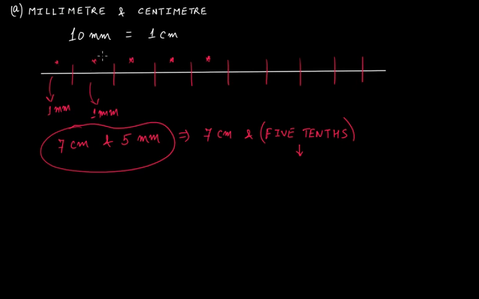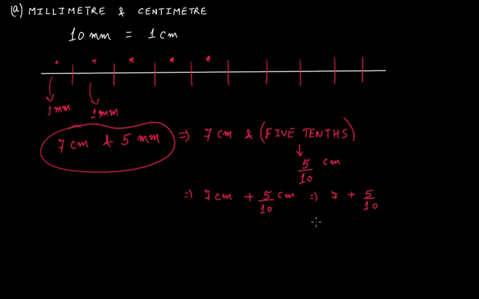Why 1 portion, 2 portion, 3 portion, 4 portion and 5 portion? What fraction will they represent? They will represent 5 over 10 centimeter, right? So this will be 7 centimeter plus 5 over 10 centimeter. You can simply think of it as 7 plus 5 over 10.